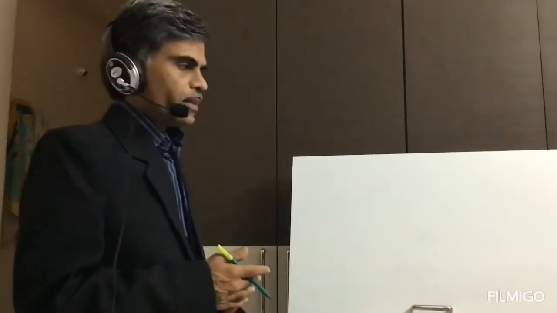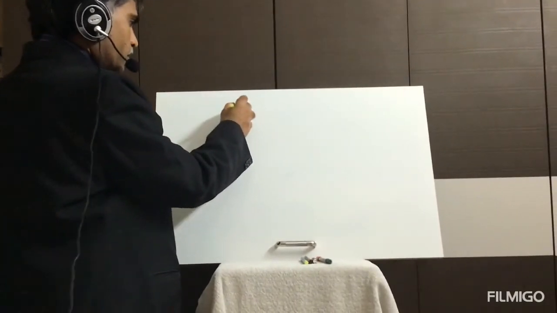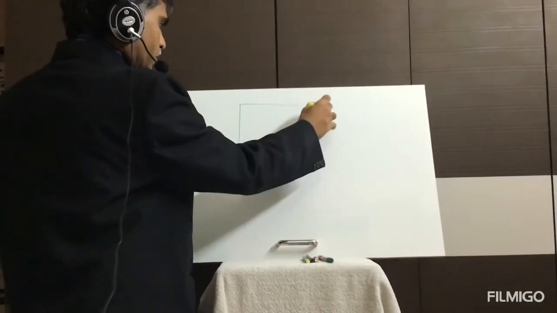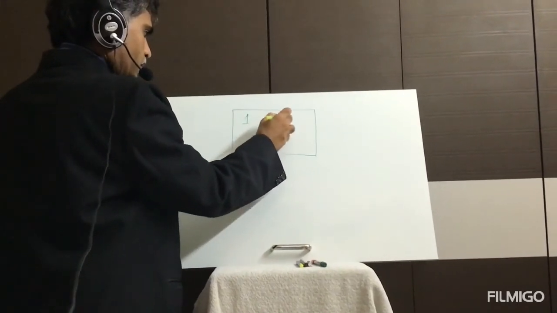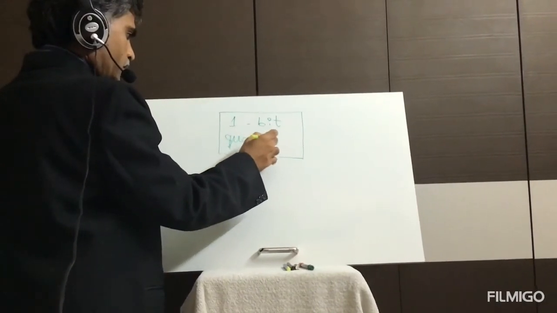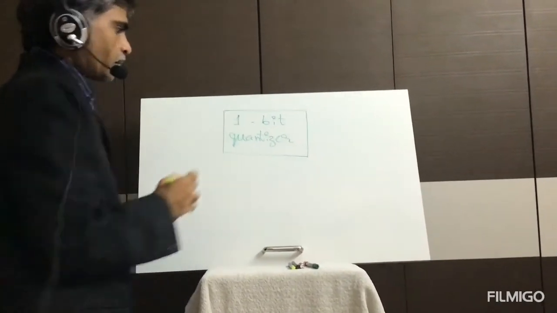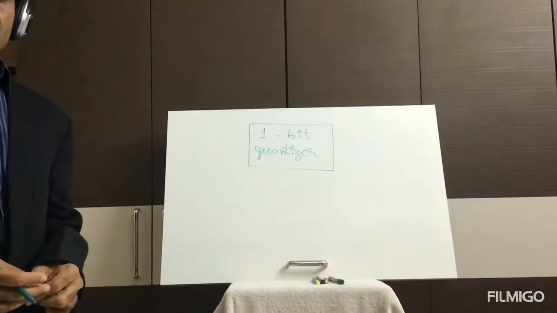Let me draw the delta modulator block diagram, which contains basically a 1 bit quantizer, and the input to the quantizer will be given from a summer.